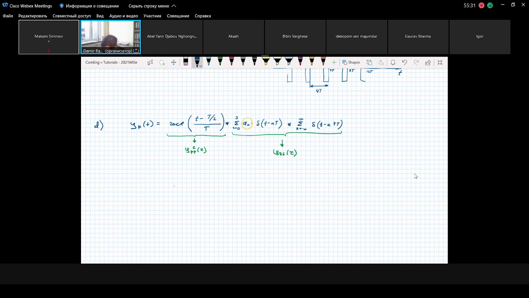So we say that we have this sequence. We can just calculate it directly.